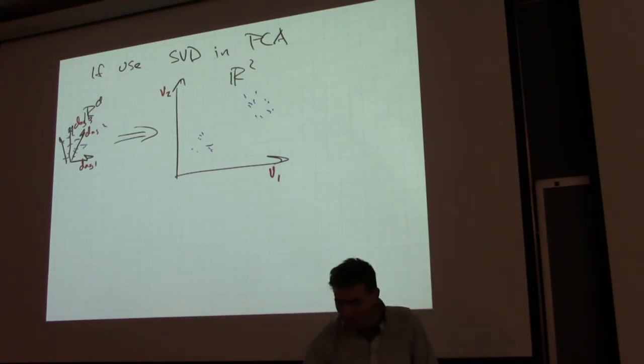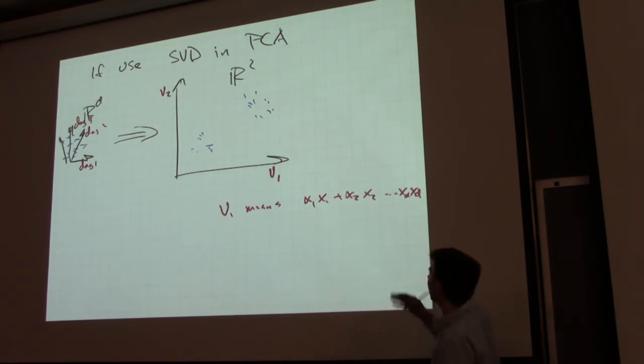Right now, what V1 means is something like alpha 1 x1 plus alpha 2 x2 and so on up to alpha d xd.